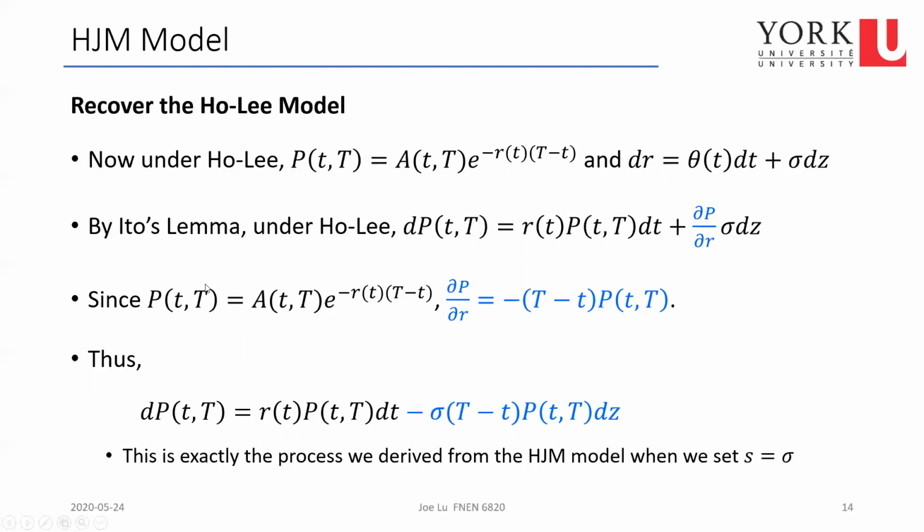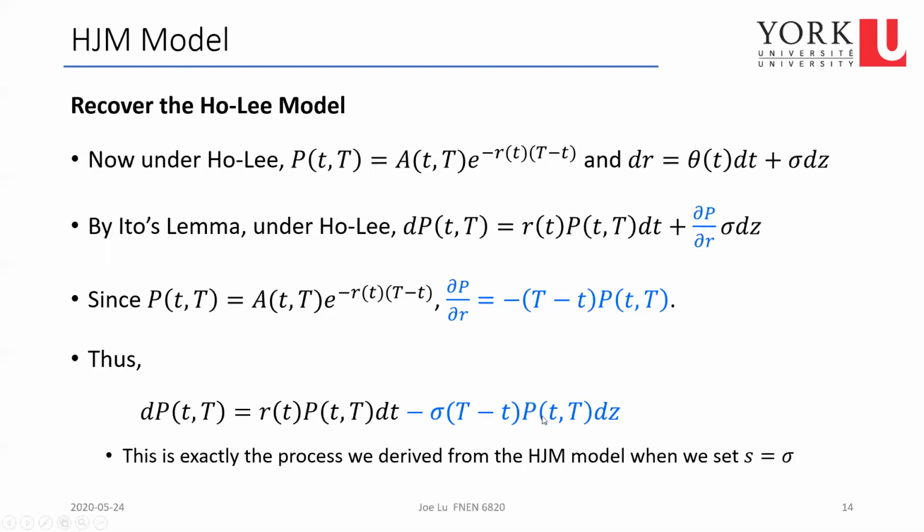Your process here is r times P minus sigma times (T minus t) times P dz, where P is a function of little t and big T.